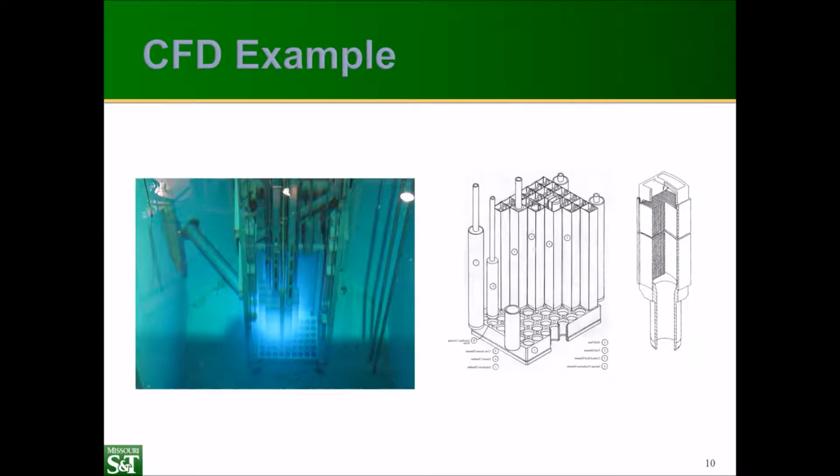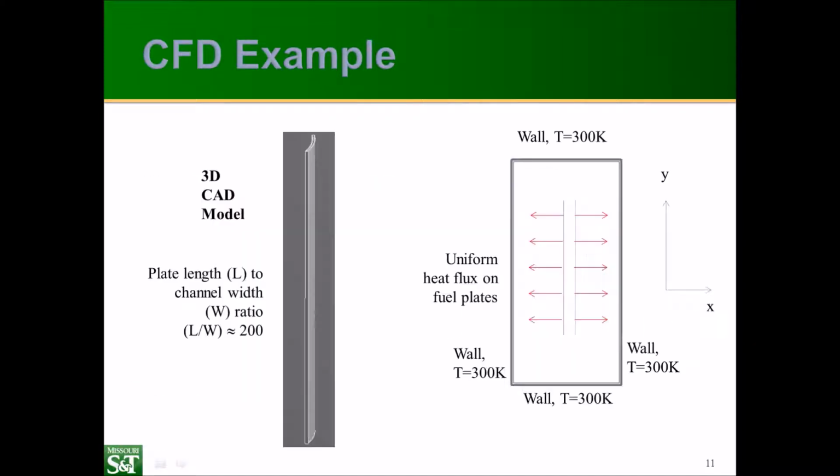Now, we're going to just very quickly look at an example that a graduate student here did to look at the Missouri S&T research reactor and look at the flow between two of the heated plates. So we start out with the reactor, MSTR, and then we go back down and we look at the individual fuel assemblies, and we break the fuel assembly down into the individual parallel plate fuel elements.